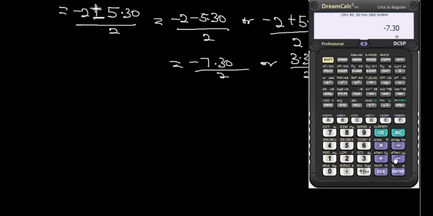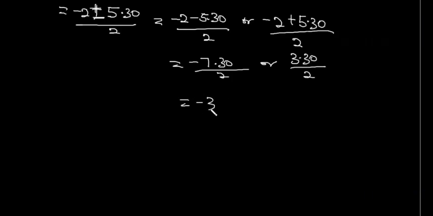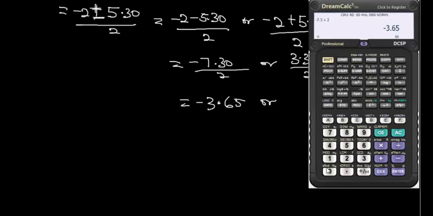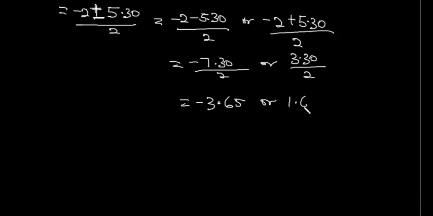Negative 7.30 divided by 2 is negative 3.65, or 3.30 divided by 2 is 1.65.